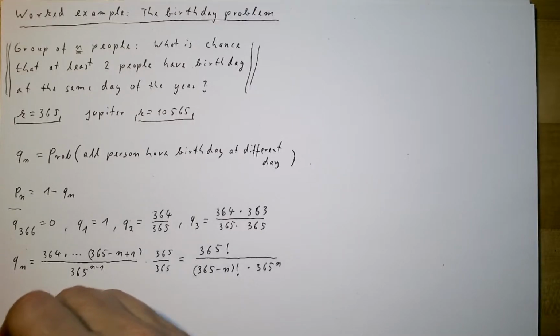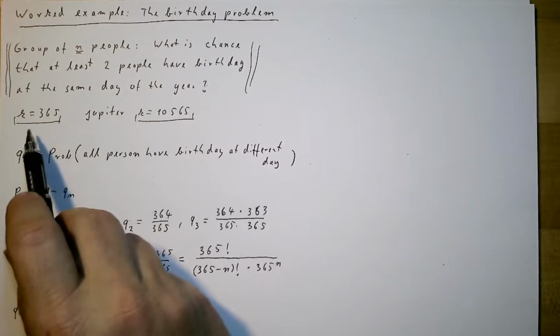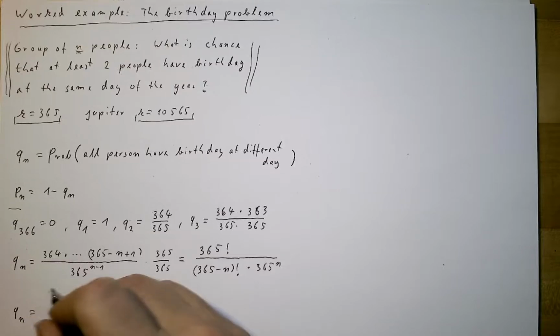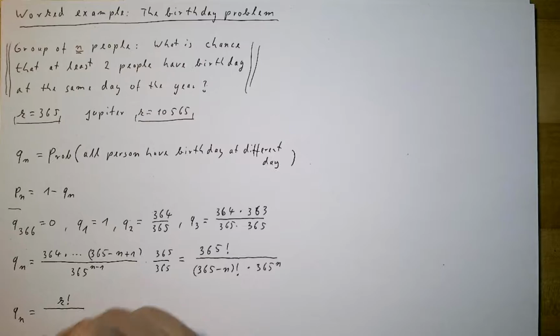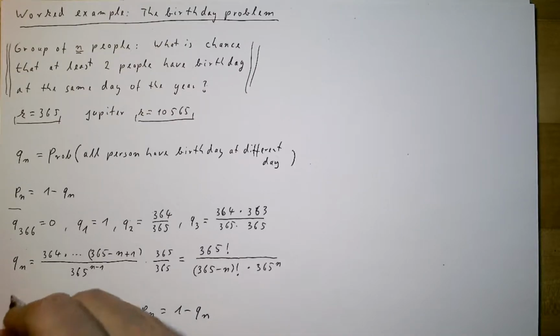Now if we want an arbitrary number of days in the year, which we call k, then we can say the probability Qn is k factorial divided by k minus n factorial times k to the power n, and what we're really looking for is Pn equals 1 minus Qn.